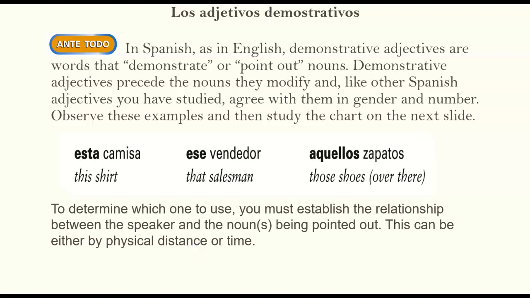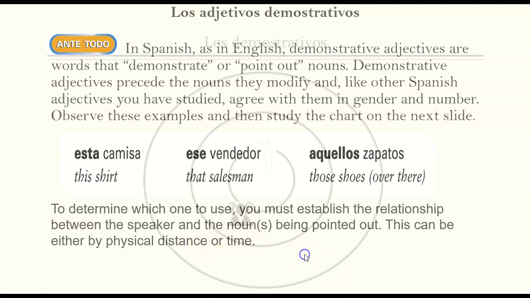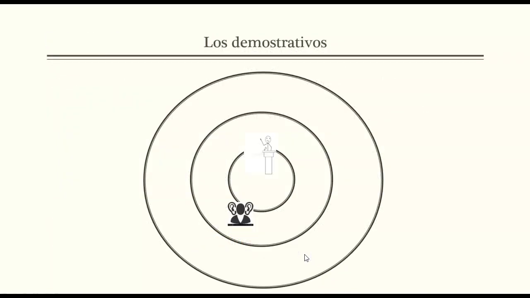To determine which one to use, you must establish the relationship between the speaker and the noun or nouns being pointed out. And this can be by either physical distance or time. Okay? So let me show you an example of physical distance. So here we have our speaker, and here we have our listener.